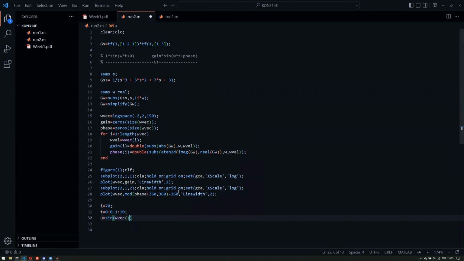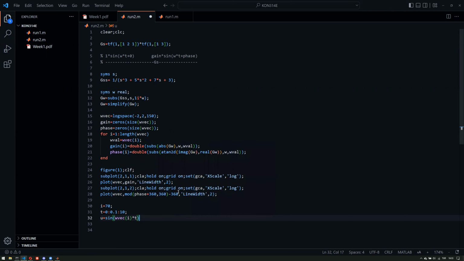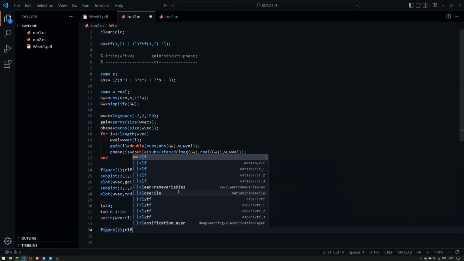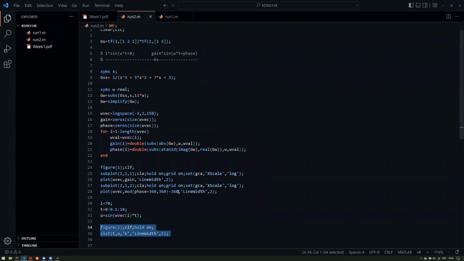I'm going to use the ith element of omega times t here. That should be the input. Let's create another figure and plot it to see if it's correct. There we go.